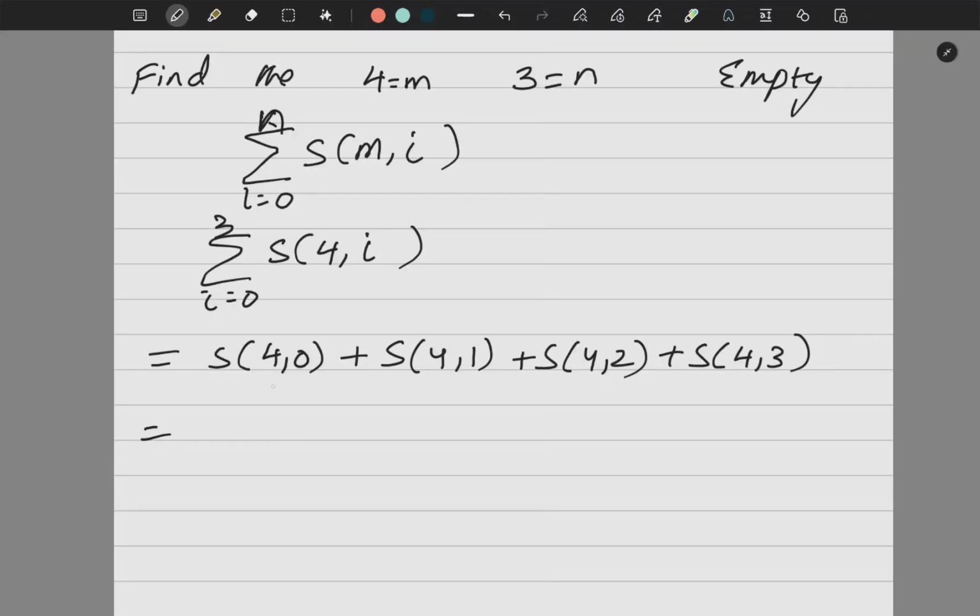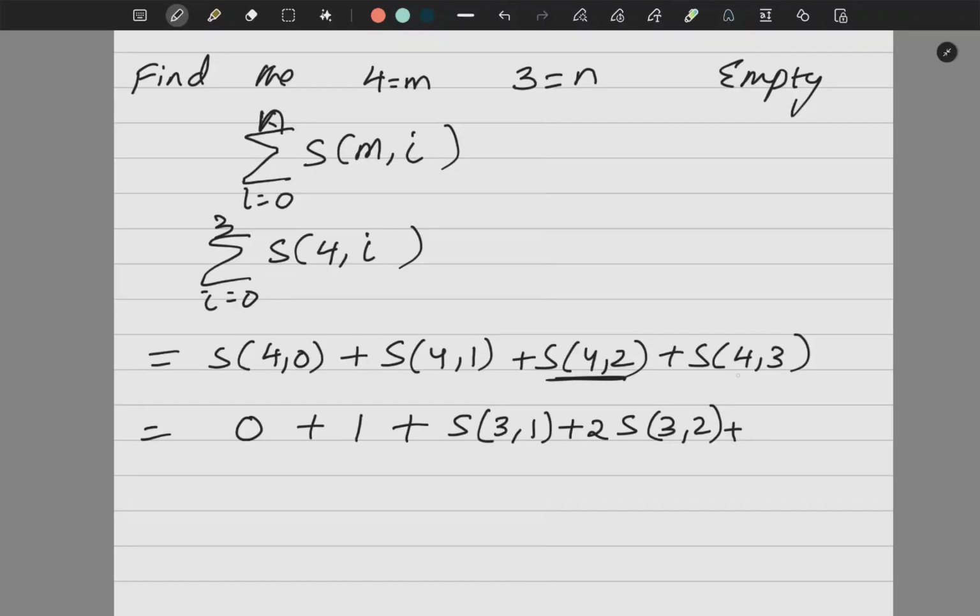What is the value of S(4,0)? It was 0, then 1. Now I need to find this, so let me try to do it directly. By the recurrence relation, this can be written as S(3,1) plus 2 S(3,2). Correct?